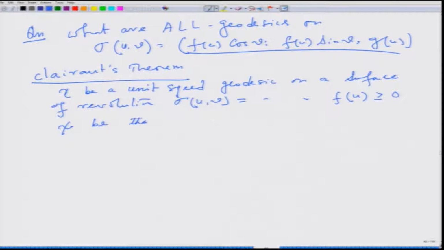Let psi be the angle between gamma dot and the meridian of sigma. So, I have taken a point, okay. At that point I am trying to find out the geodesic passing through that point.